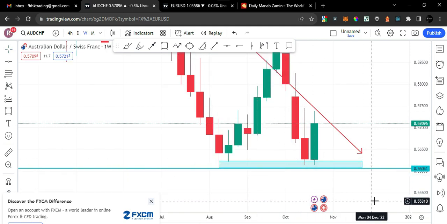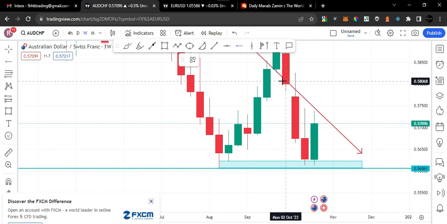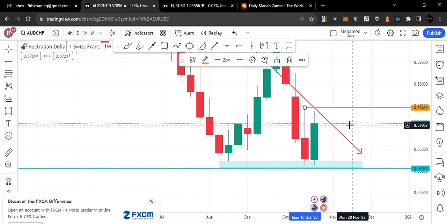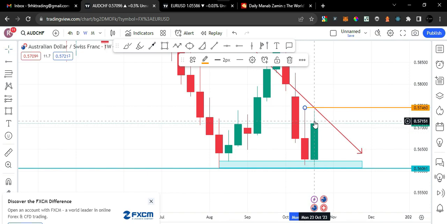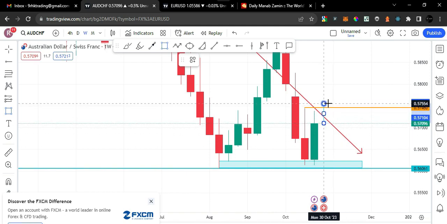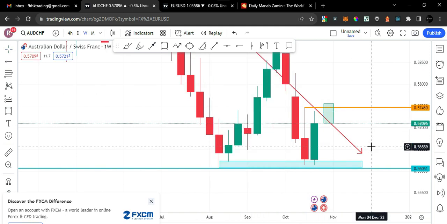But to take any trade based on the weekly time frame, this candle must pass or surpass this point. It means it must come above this, and the candle body, not the shadow, has to be here, something like this, and only then can we go for a buy trade.